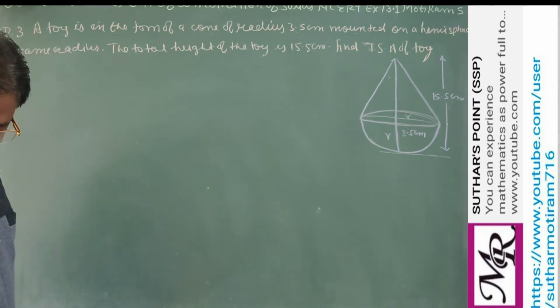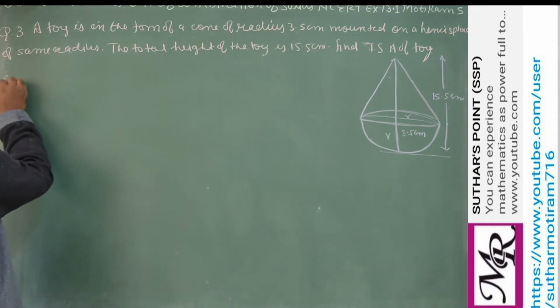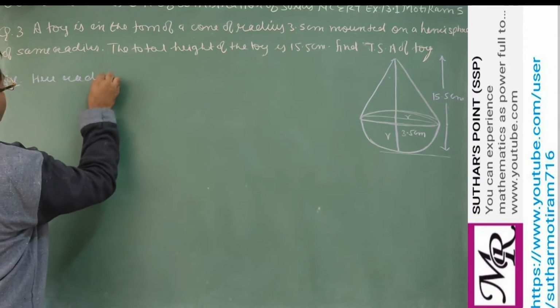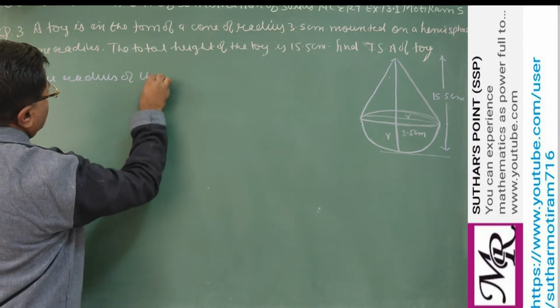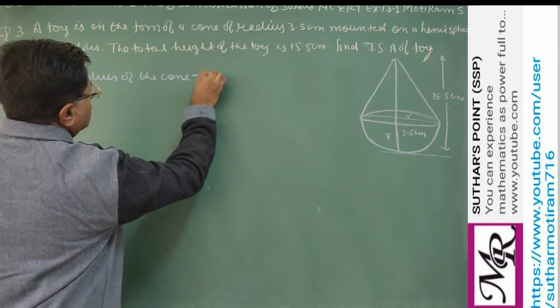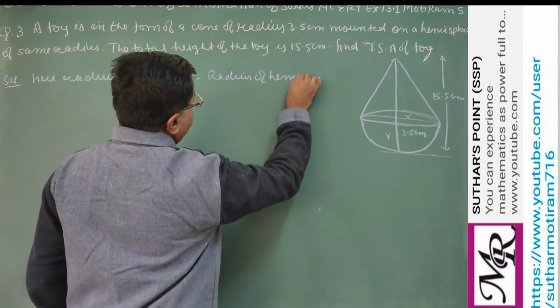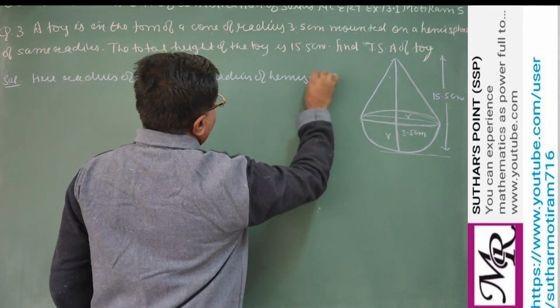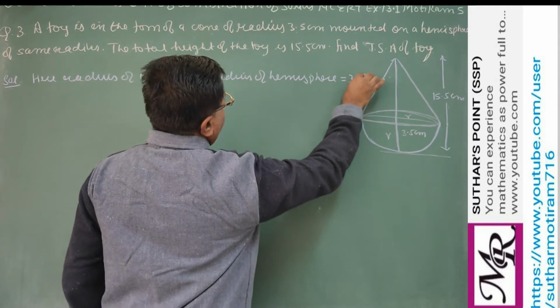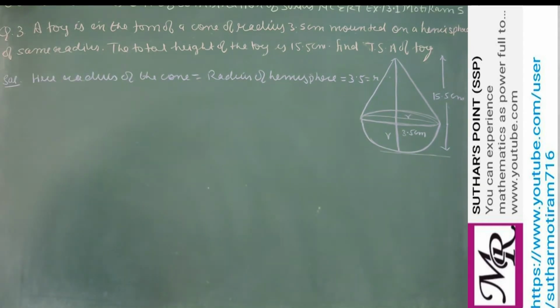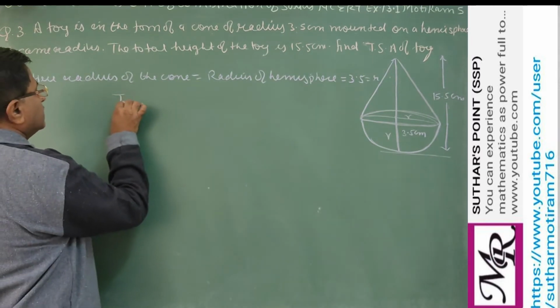In the solution you write: radius of the cone, that is also equal to the radius of the hemisphere, which is given as 3.5 centimeter. That is R. So we are given the radius of both as 3.5 centimeter.